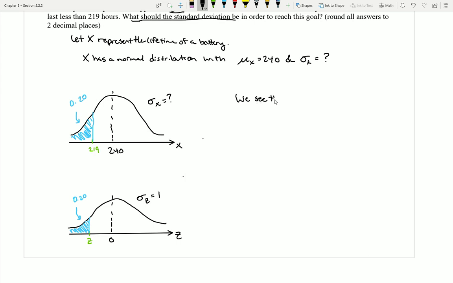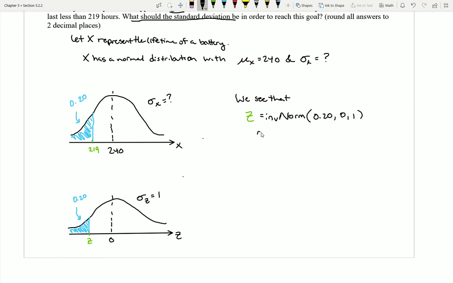I'll say we see that z is just a number on my number line. So I could find it using inverse norm. I would just put in the area to the left of the z, and then the mean and the standard deviation from that picture, because z's on this picture, it's not on this one.